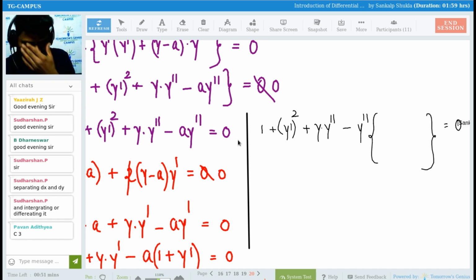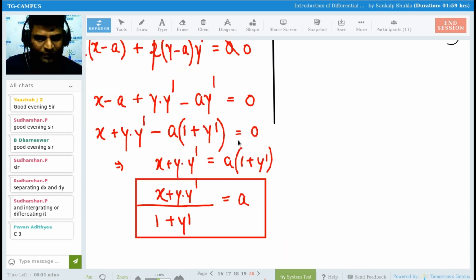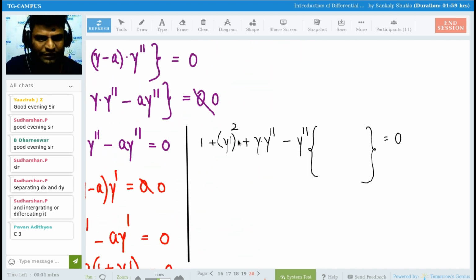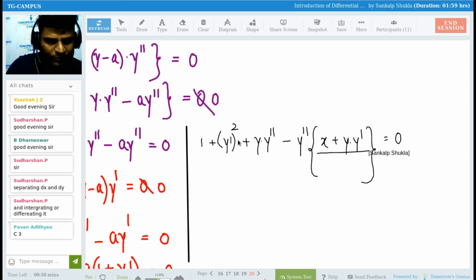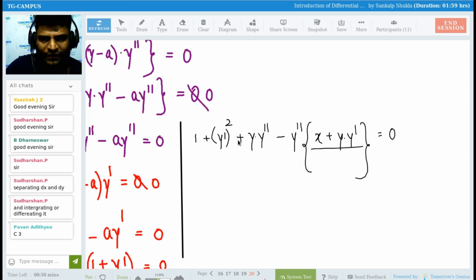Now rather than writing it as a, I will write the value of a. So x plus y into y dash upon 1 plus y dash.